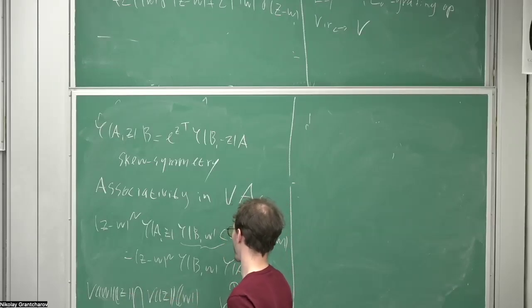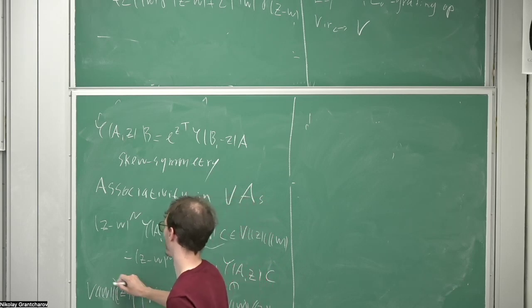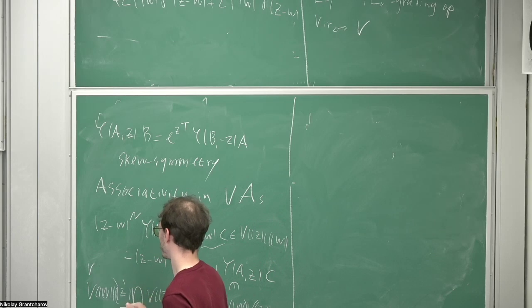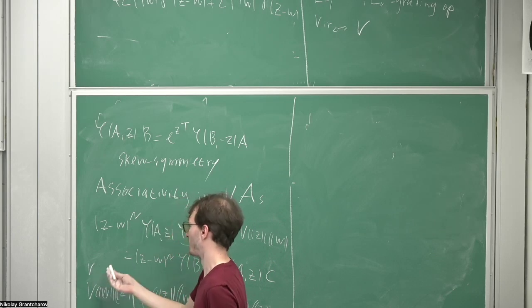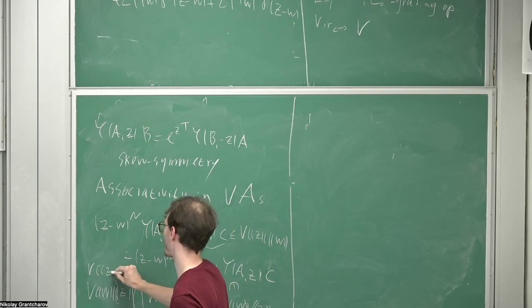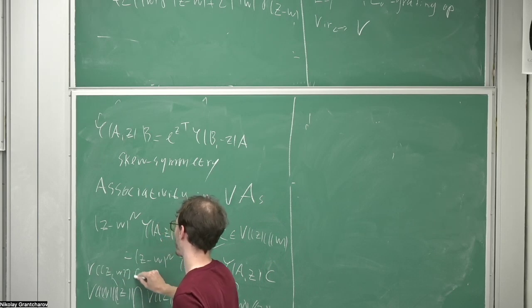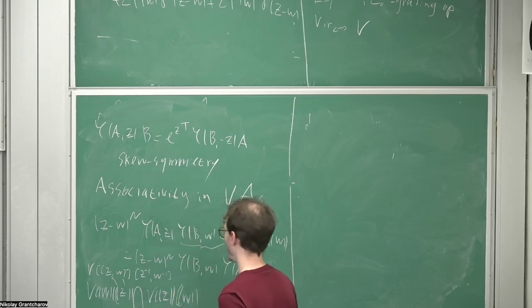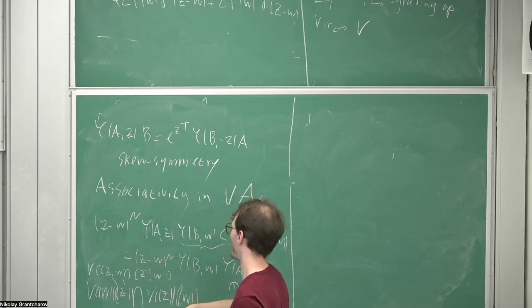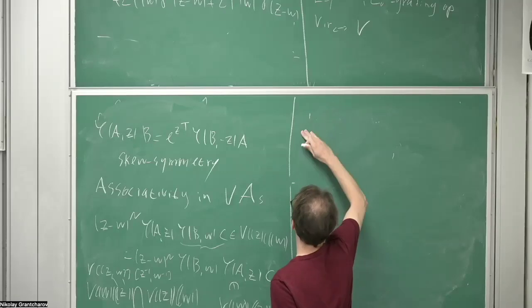The space that you get is like a Laurent series in both variables, and you can write it as a Taylor series localized in z, w, z minus w. But you also have to divide by (z minus w)^N. So in the end, you get some element.